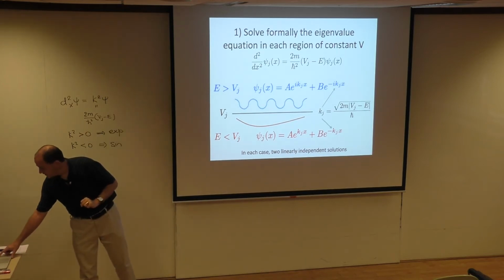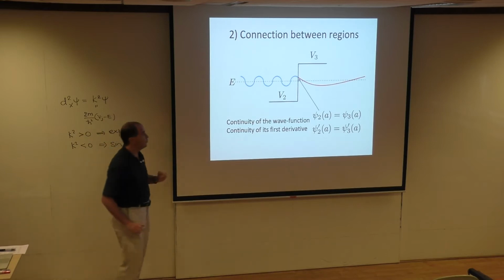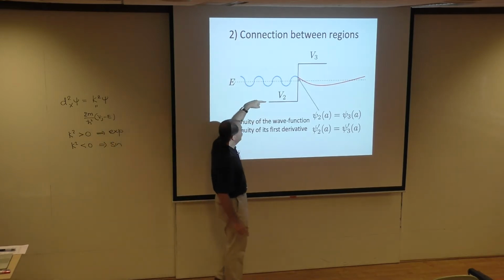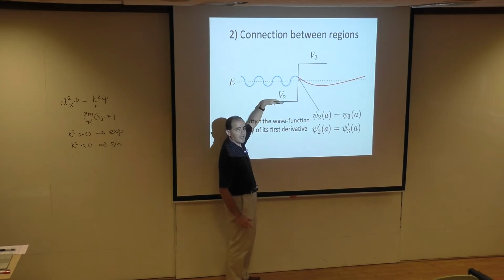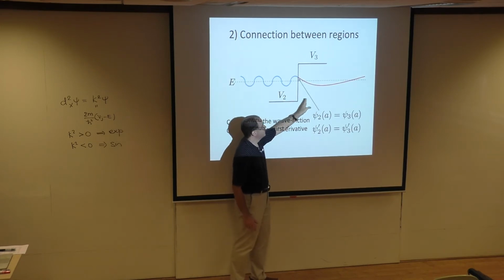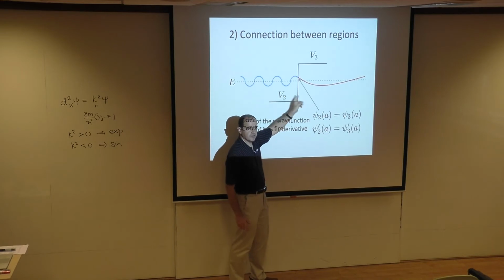So let me give you just an example. Here would be an example in which we have an energy that sits between V2 and V3. On the side of V2, the energy is above the potential, therefore it's a sinusoidal curve. On the side of V3, the energy is below the potential, therefore it's an exponential curve.